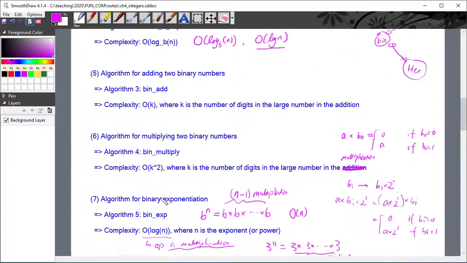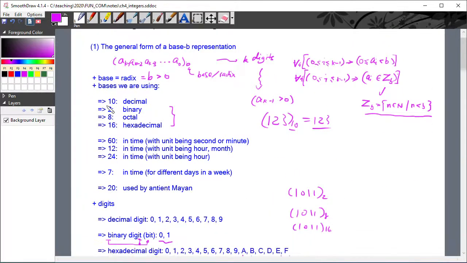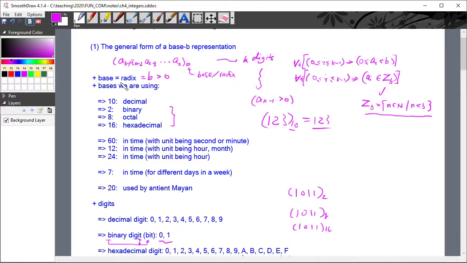All right, so to briefly summarize, in this video we have discussed integer representation. We explained that the most common representation is a sequence of digits, right? And we also have to specify the base.